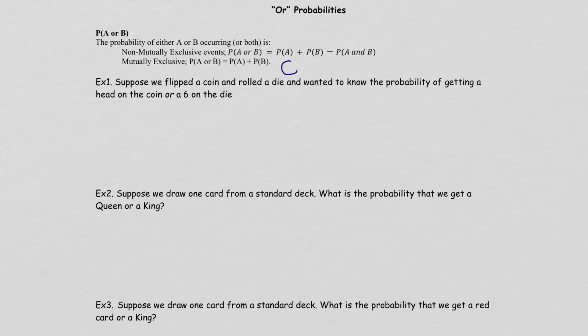If it's an exclusive event, it's not related, right? So it will be just those two different events. When you're asked to find the probability of these two events, event A and event B, you just need to add them.